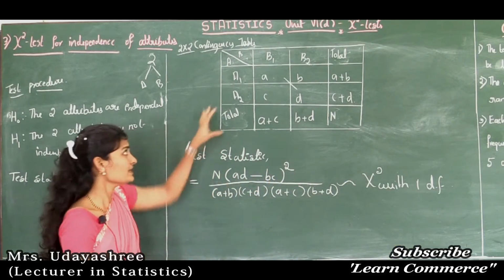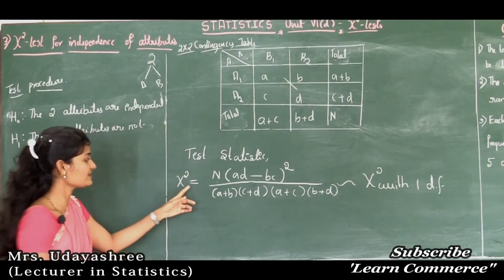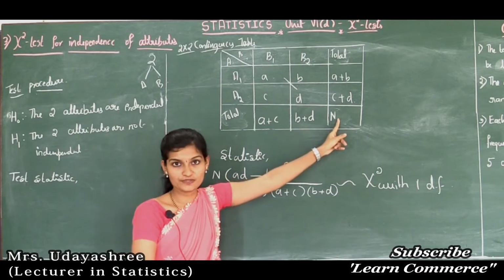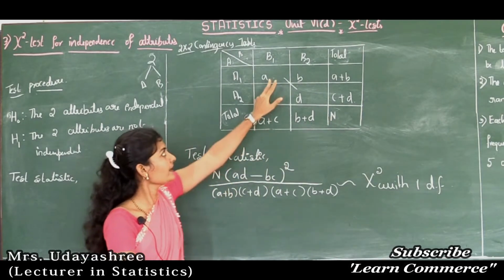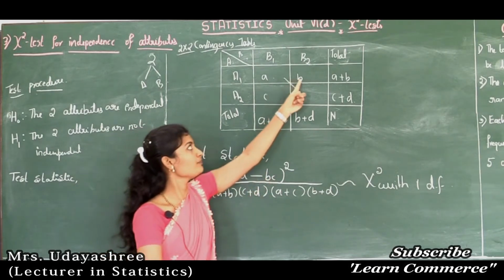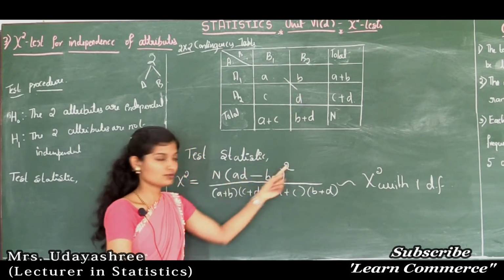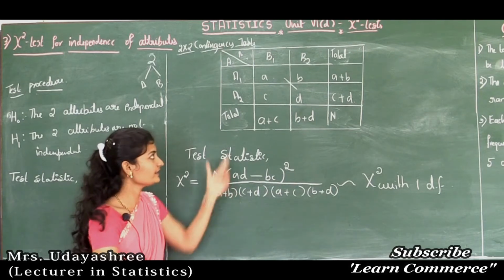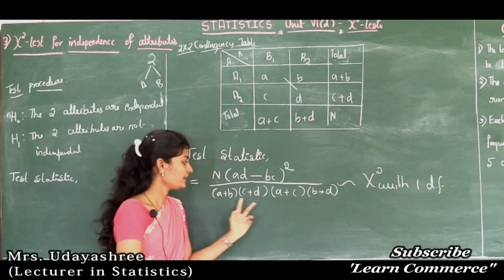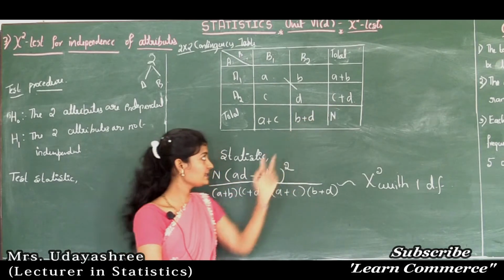This is the third application, that is why chi-square is equal to N into (a d minus b c) whole square divided by (a plus b)(c plus d)(a plus c)(b plus d).